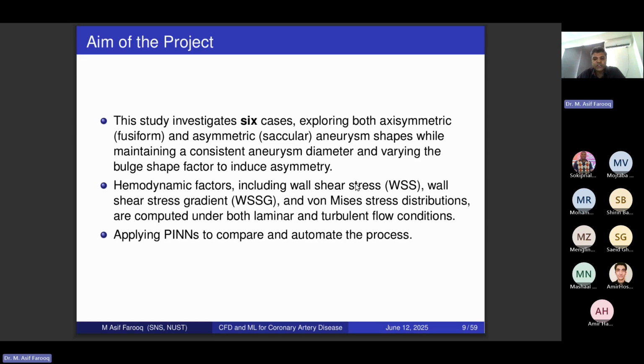We calculate the wall shear stress and wall shear stress gradient, and then we calculate the von Mises stress distribution. At the end, the main motivation is to automate the process. For example, if you give me the CT scan, we try to help the doctor by putting that CT scan into the PINNs, and we can identify whether a patient has a problem in his or her heart or not.